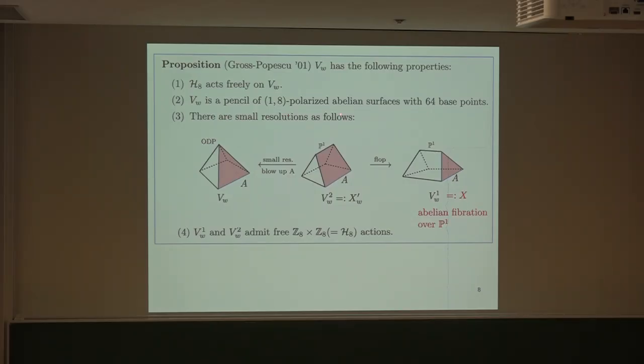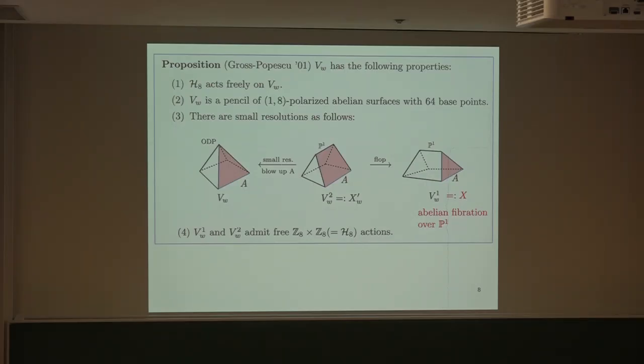Then it actually has a base locus that we have to look at carefully. We have the defining equation, so we can study this. The base locus consists of 64 base points. In the P1 family of abelian varieties, these 64 points do not move if we change the P1.